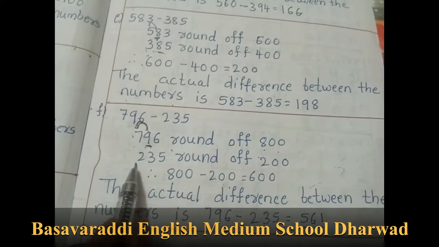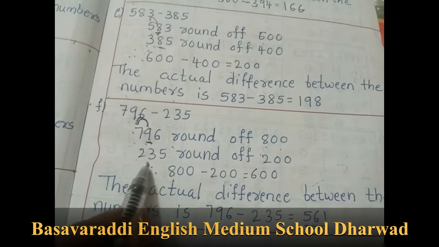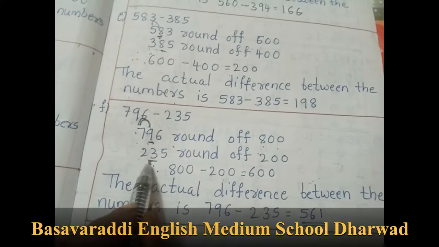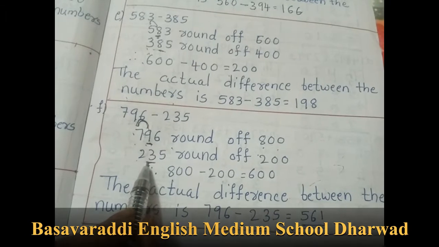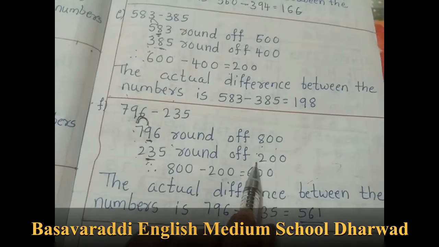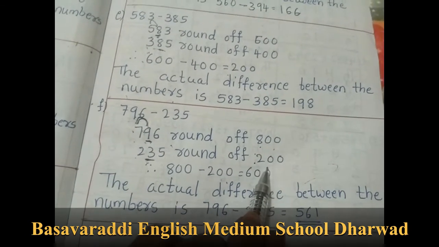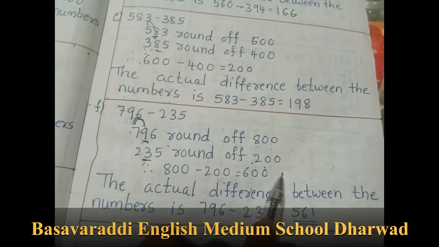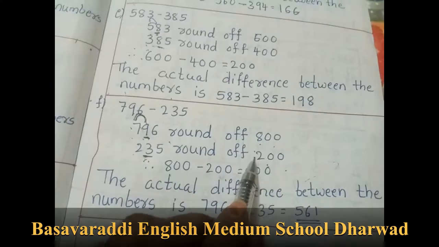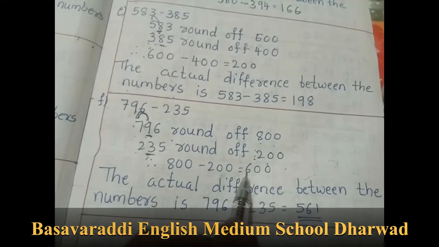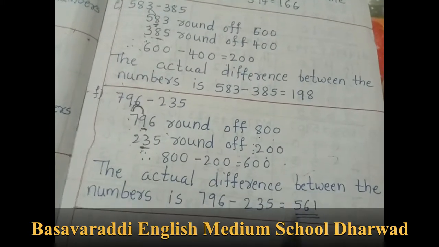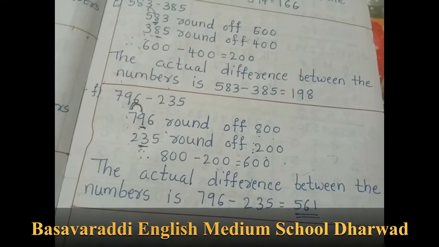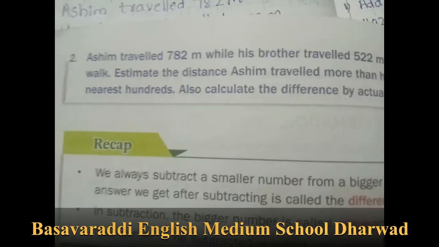So 800. 235, we have to see the tens place. That is a 3, means push down. We are not changing anything. So 200 remains, with tens place 0 and ones place 0. So 800 minus 200, that is 600. The actual difference between the numbers is 561.